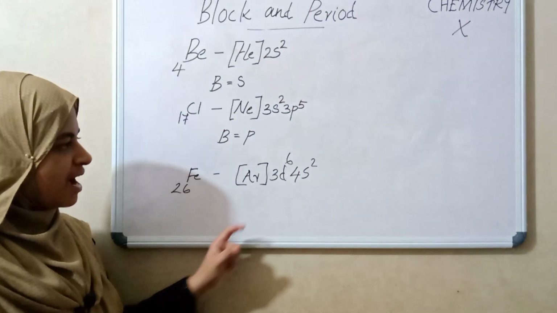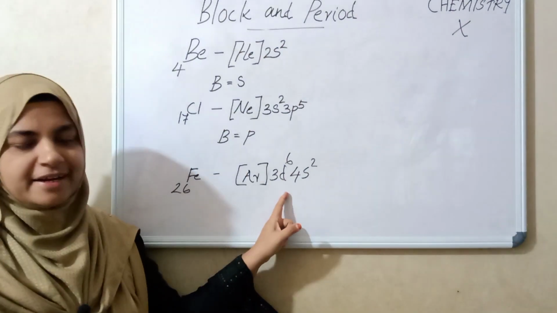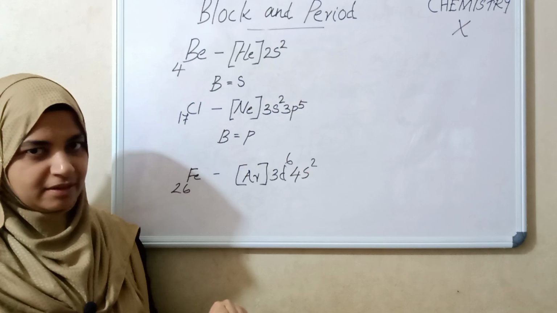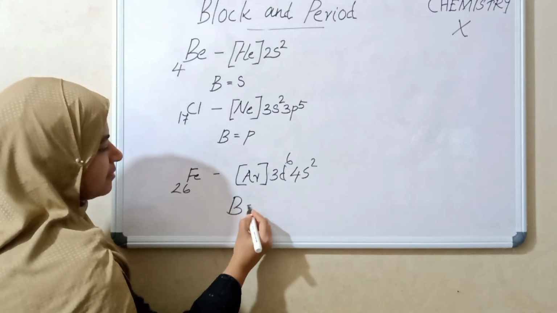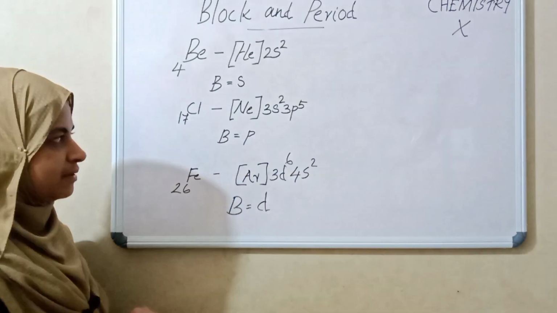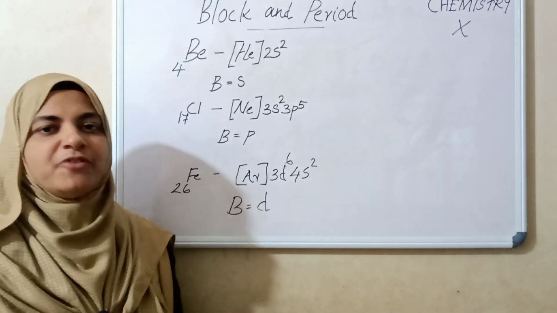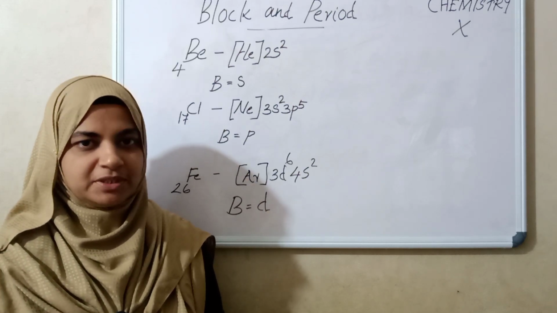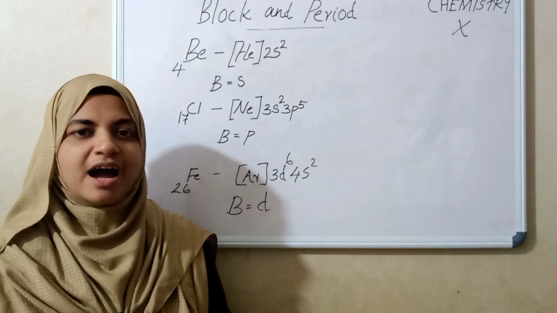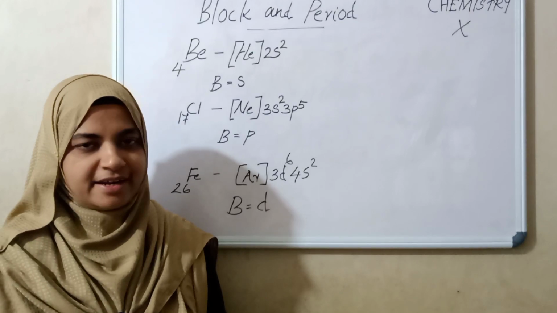Here the last electron is added to the D subshell. Therefore, this is the D block. Again, the name of the block is the same as the name of the subshell in which the last electron is added.